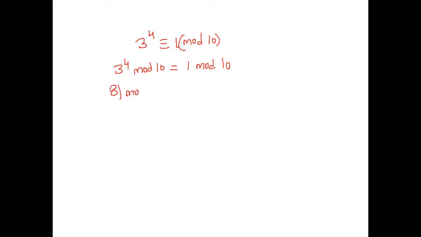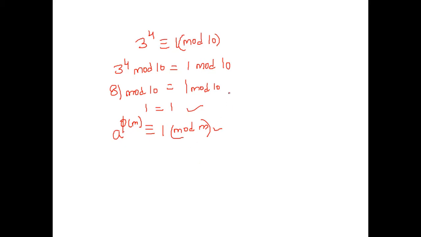It is 81. 81 mod 10 is 1, and 1 mod 10 is 1. So we clearly understand that when a and m are two co-prime numbers, we can very well say a^φ(m) is congruent to 1 mod m. This holds, and this is what Euler's theorem states.